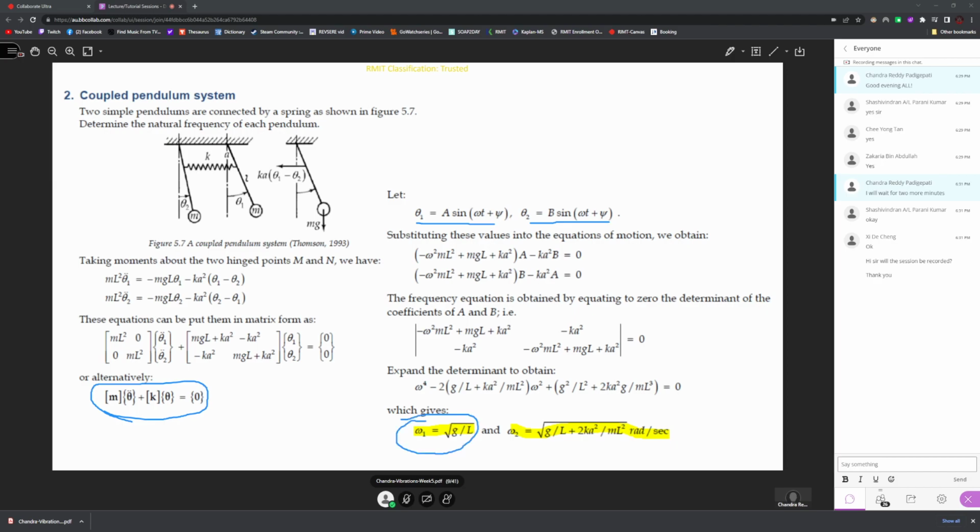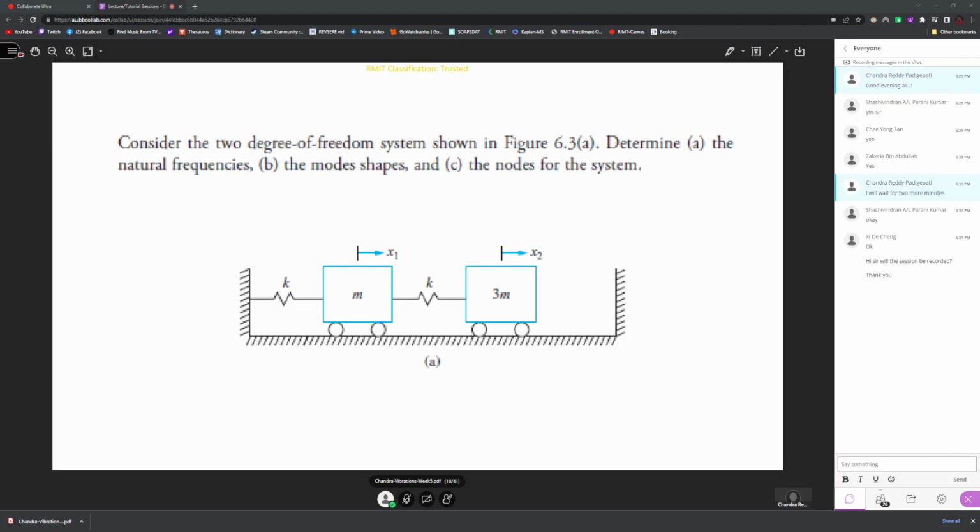For a coupled pendulum system like this, you can get the expressions for the two natural frequencies like this. The methodology is exactly the same. Whatever we do for the spring system or the coupled pendulum system, the way we get the equations of motion, and then the analysis to get the two frequencies, will be the same.